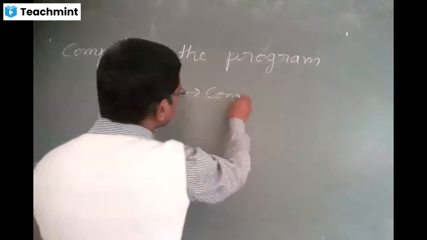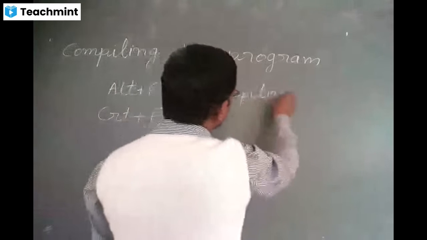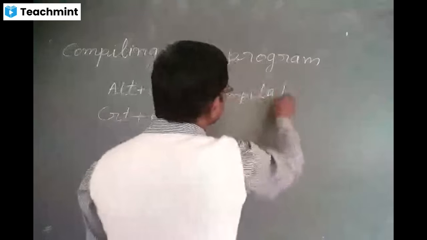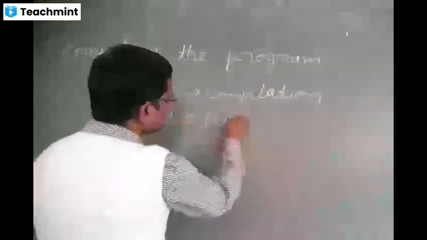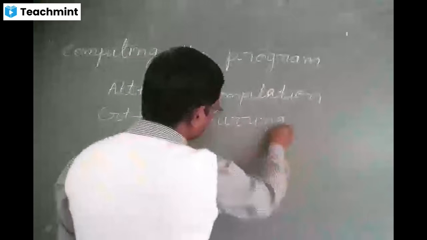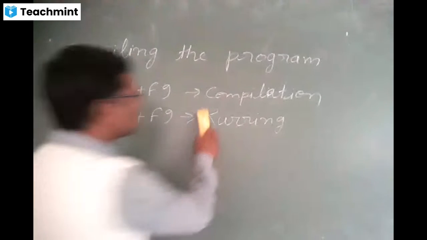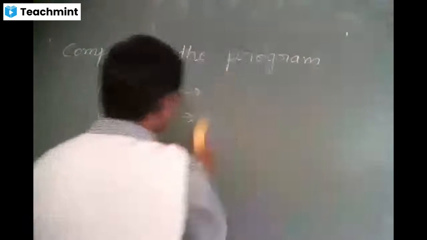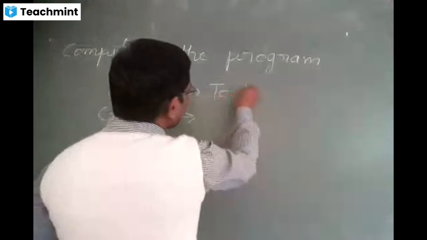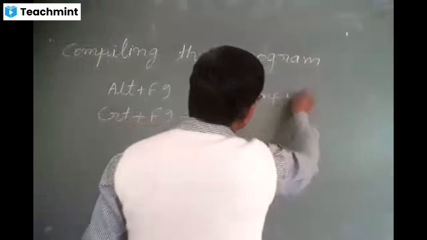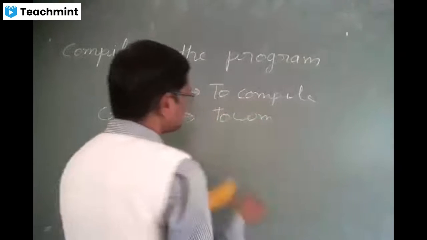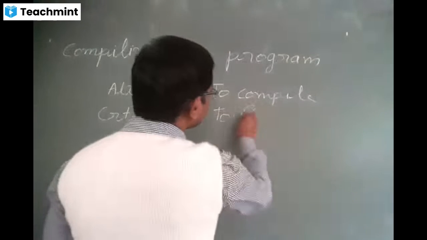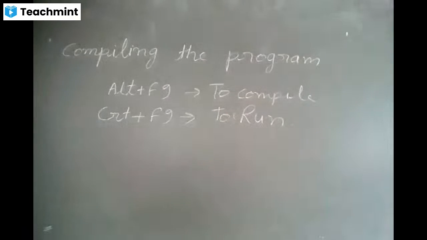Alt F9 is for compilation, and Control F9 is for running. In this way, we write the program.